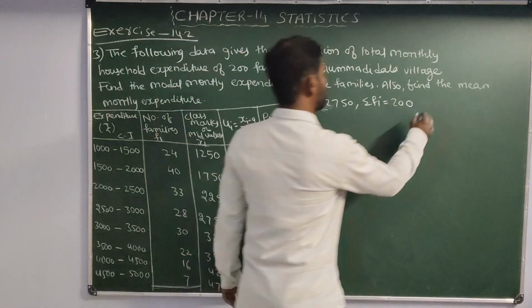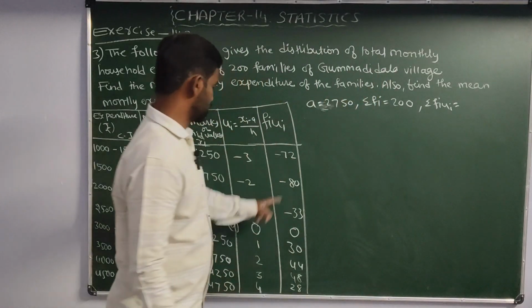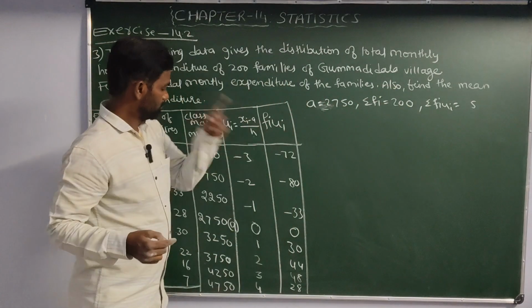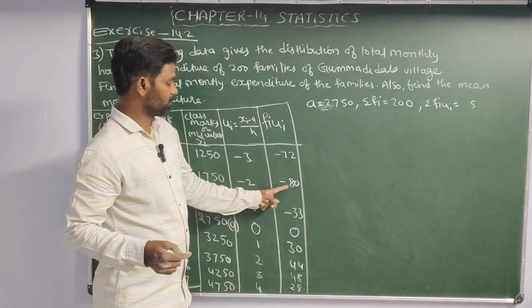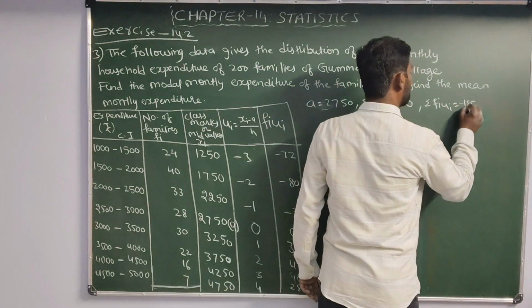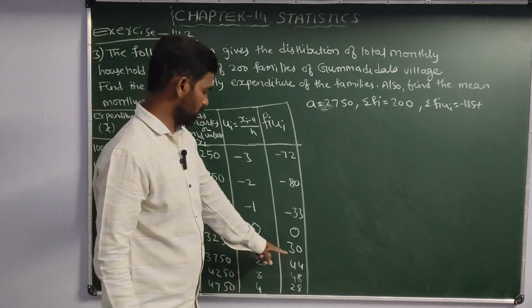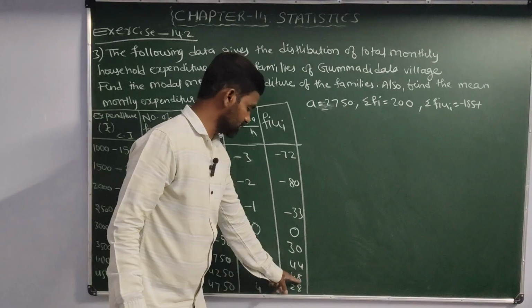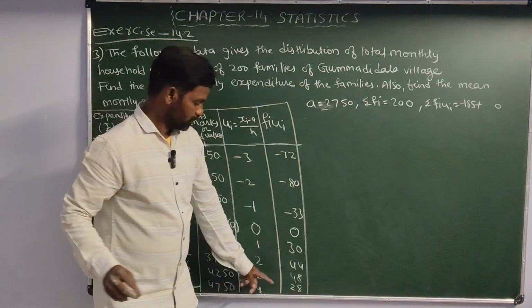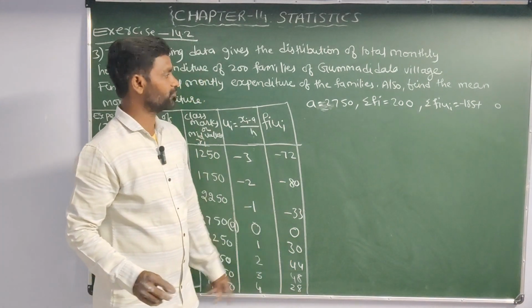Next, sigma Fi Ui. First you add the negative values. 2 plus 3 is 5. 7 plus 8 is 15. 15 plus 3 is 18. So minus 185. Now add the positive values. 4, 8 plus 8 is 16. 16 plus 4 is 20. 2 carry. 2 plus 2 is 4, 4 plus 4 is 8, 8 plus 4 is 12, 12 plus 3 is 15.